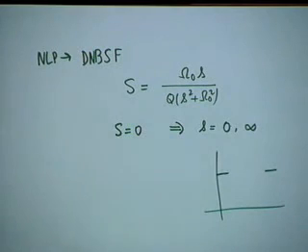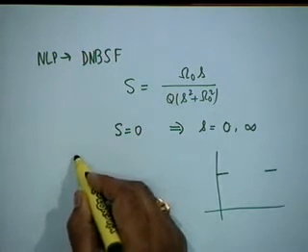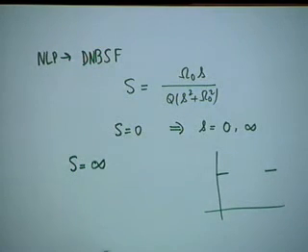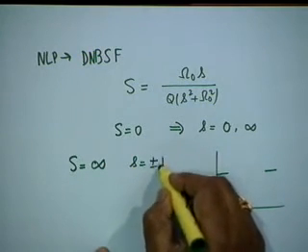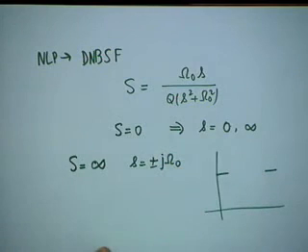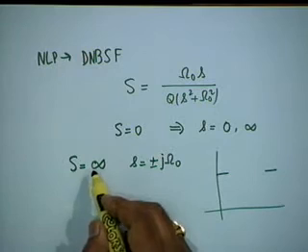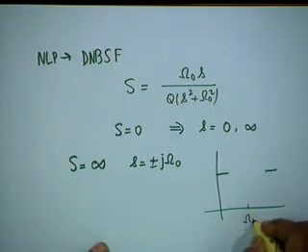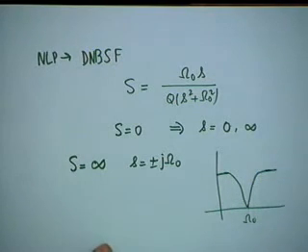In between there must be a minimum, and that minimum you can see that when capital S equal to infinity, small s is equal to plus minus j omega 0. Now, capital S equal to infinity, for a low pass filter the transmission should be 0, and therefore at omega naught it must come down to 0, and we have got a band stop filter.